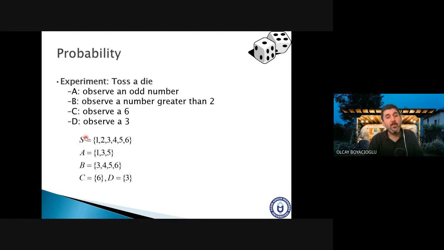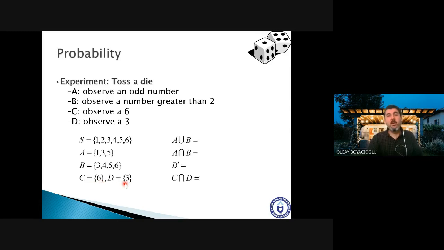For example, our sample space after tossing a die is 1, 2, 3, 4, 5, 6. Perfect. And what is the event A? Observe an odd number. Event A is 1, 3, and 5. Event B is number greater than 2. That means all the numbers in the sample space that are greater than 2. That means here 3, 4, 5, 6. Event C, well, it's written 6. Event D is 3. All right, these are the other C and D events.